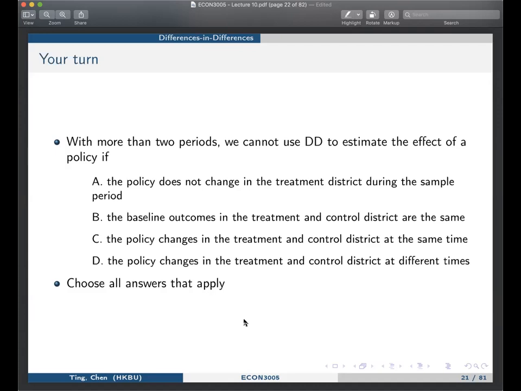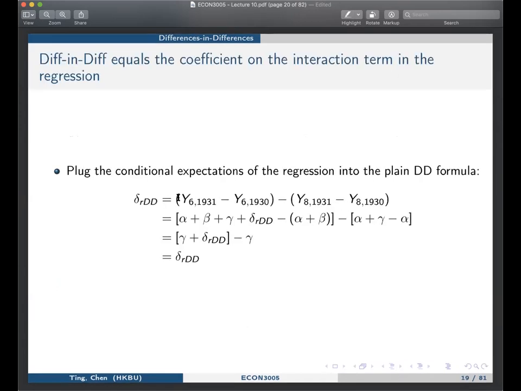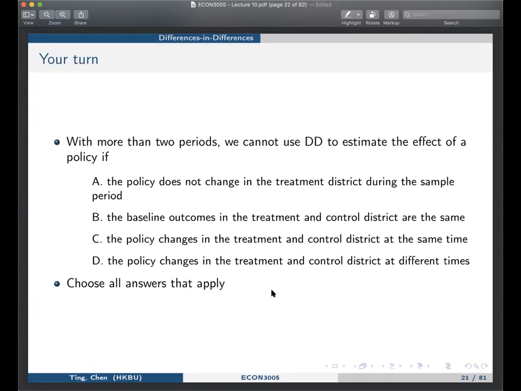If the policy doesn't change in the treatment district during the sample period, meaning that we don't actually have a post period for the treatment group, then obviously we cannot apply the DD, right? We lack this part of the formula. So A should be true.